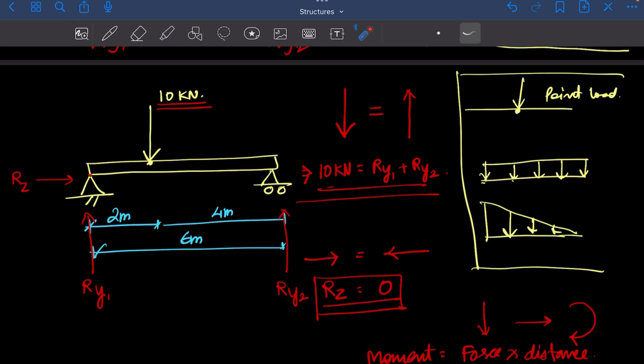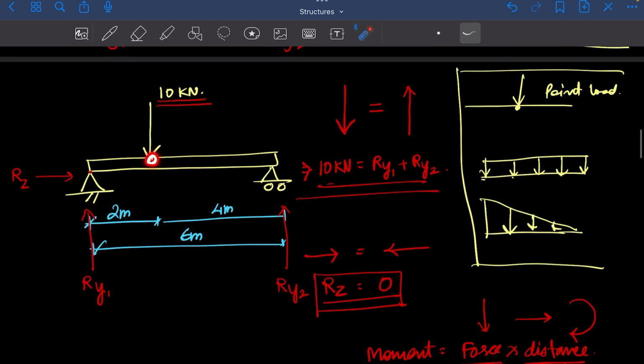If I want to calculate the moment at this particular point, then I'll calculate this force and the distance up till this point because I want to calculate the moment up till here. All right. So what is the force? I have this force. And what is the distance? It's 2. Let's see what it comes out to be.